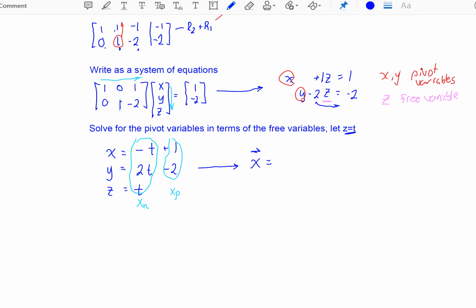Now, the way I write it is we'll separate the t out of the homogeneous and write it as the equation -1, 2, 1 multiplied by the variable t plus our particular solution 1, -2, and you need to have 3 components in here, so I'm going to put a 0.